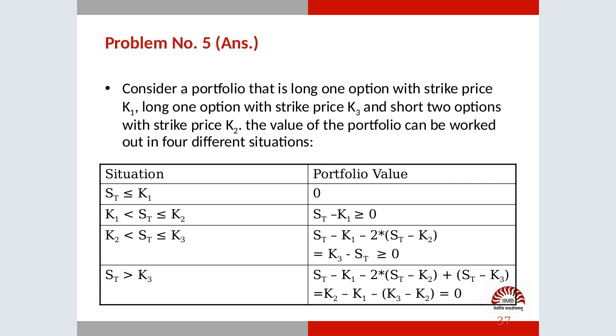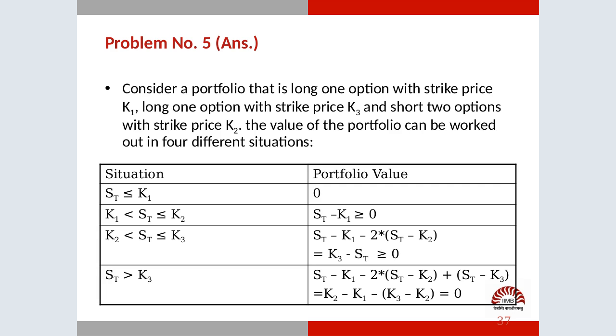But I also know K2 minus K1 is nothing but K3 minus K2. So I can write K3 minus K2 plus K2, and the K2 and the K2 cancel out. So you end up getting K3 minus ST. But K3 is greater than ST, therefore that is positive.